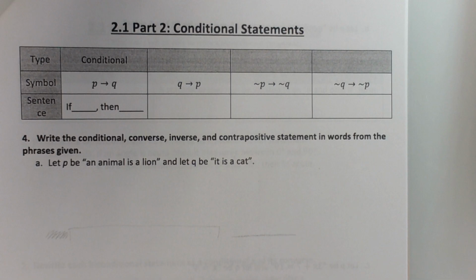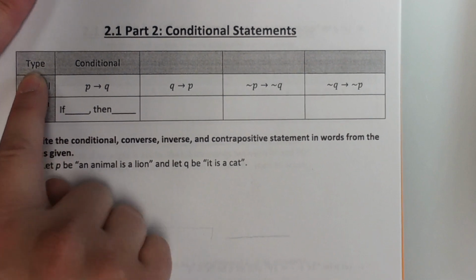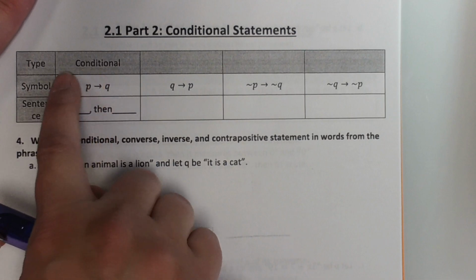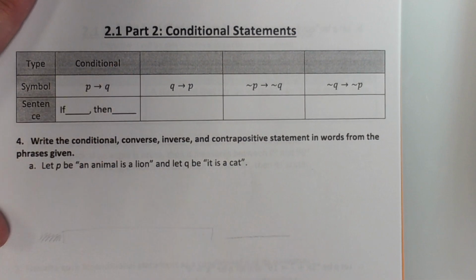In order for us to look at this, we need to know how, in rearranging a conditional statement, we get statements that make sense or don't make sense, for that matter. And so we make up different types of conditionals. An original conditional statement is just if this, then this.